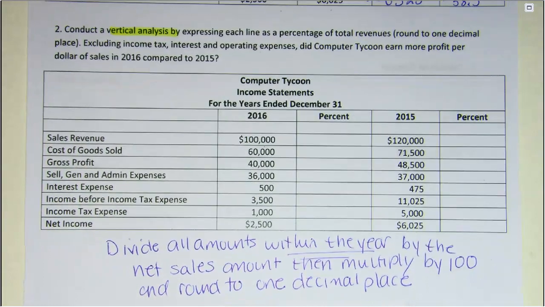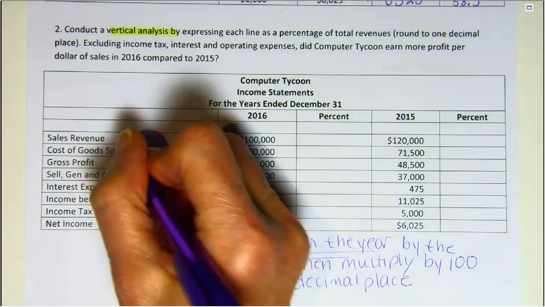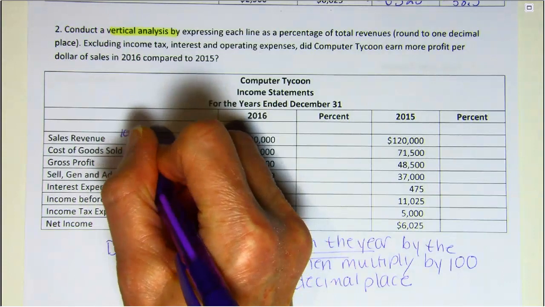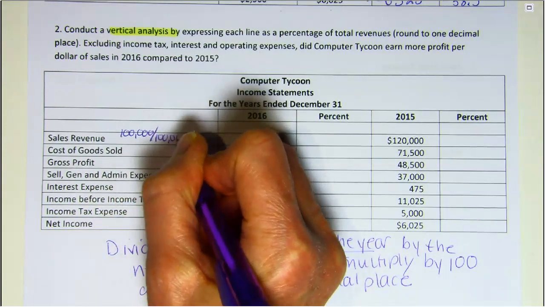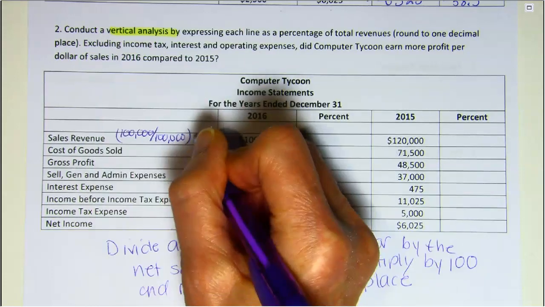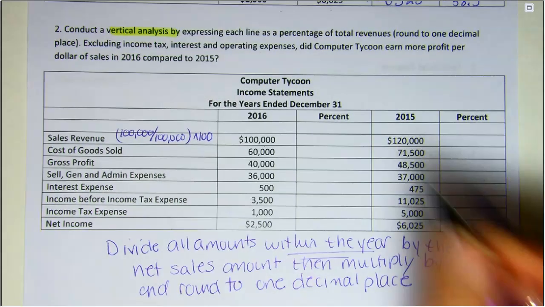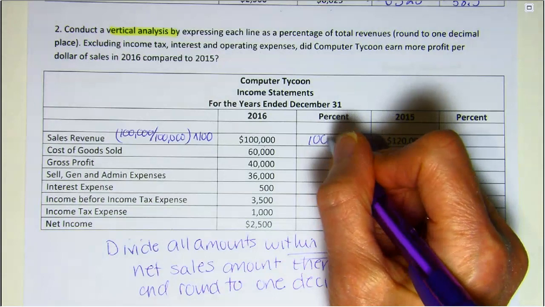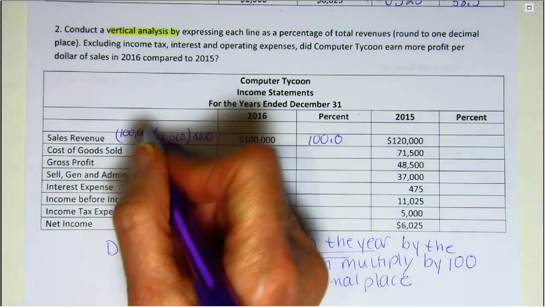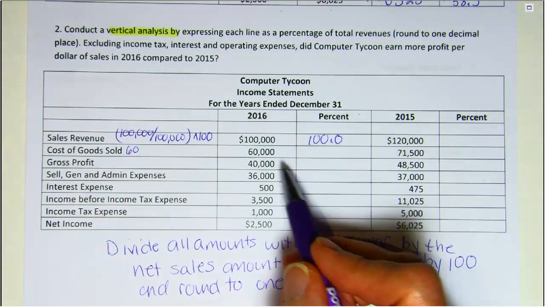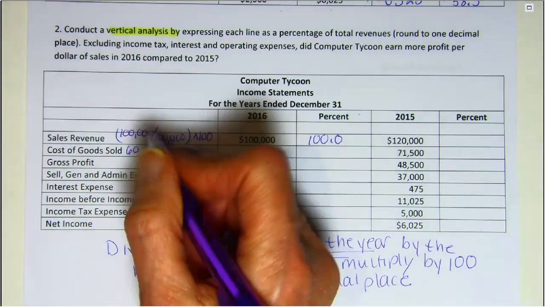So let's do that. I'm just going to write on the side here, 100,000 divided by itself times 100 and rounded to one decimal place is 100%. We'll go down to the next item, 60,000 divided by 100,000.